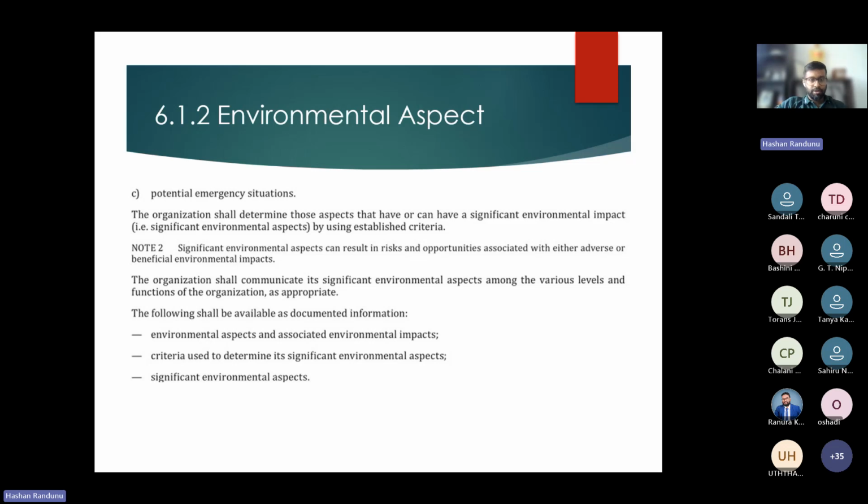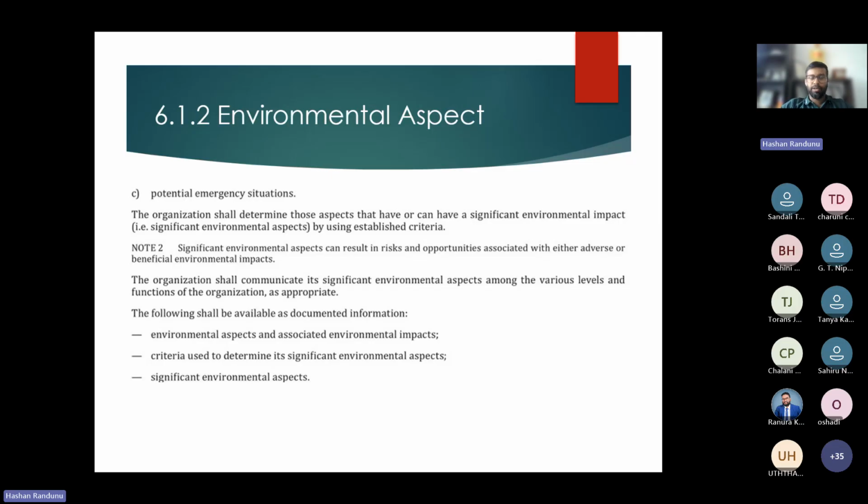When you talk about clause 7.3, which means awareness, there is a requirement that employees need to be aware of their relevant environmental aspects and their impacts to the environment, right? So the same thing repeats here again. The organization shall communicate significant environmental aspects and their environmental impacts, right?